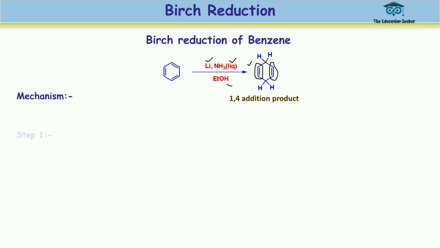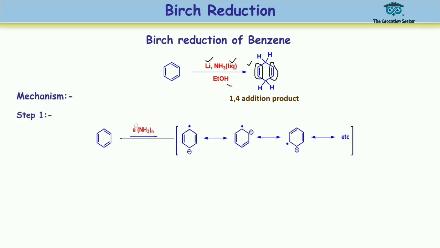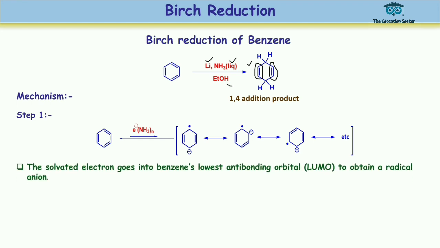Now coming to the mechanism. In step 1 we have the benzene molecule and the solvated electron. This solvated electron goes into benzene's lowest antibonding orbital to obtain a radical anion like this. This radical anion is comparatively unstable because there is an electrostatic repulsion between the unpaired electron and the negative charge, which are on adjacent carbon atoms, right?